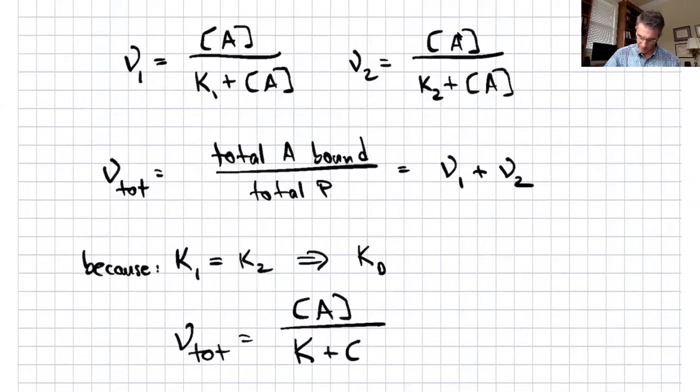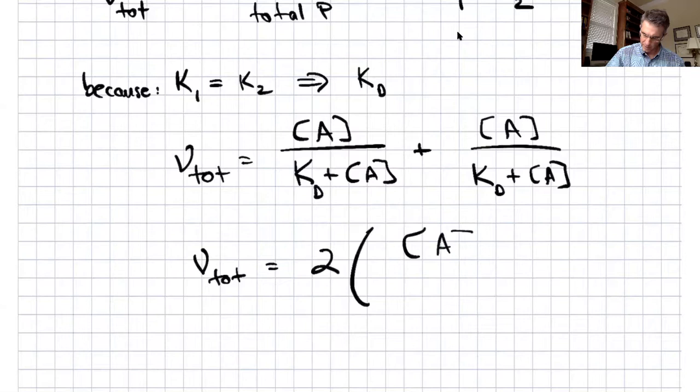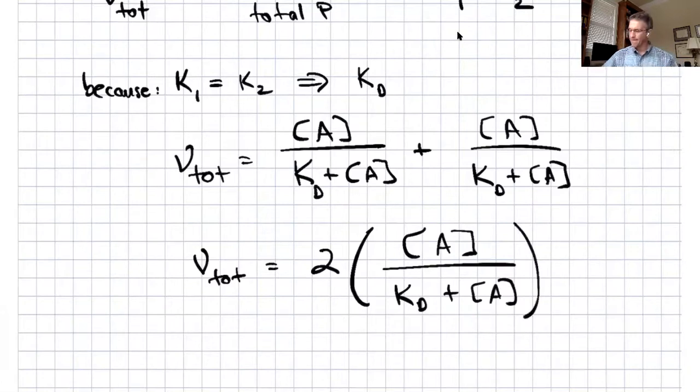KD plus concentration of A, plus A over KD plus concentration of A. Well, that's pretty easy because that just means the total is just equal to 2 times concentration of A over KD plus concentration of A. Huh, that's kind of cool.